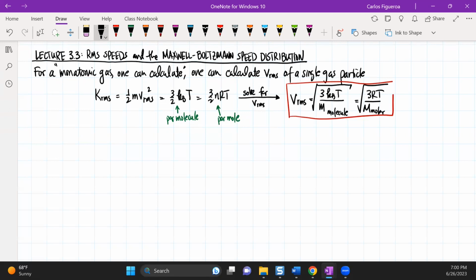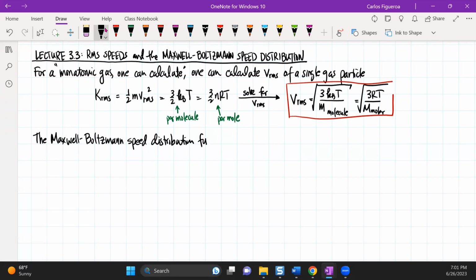Now, here's the most important part. The Maxwell-Boltzmann speed distribution, remember, is typically called velocity, but we're not talking about the velocity because that's a vector quantity. We're talking about the speed.